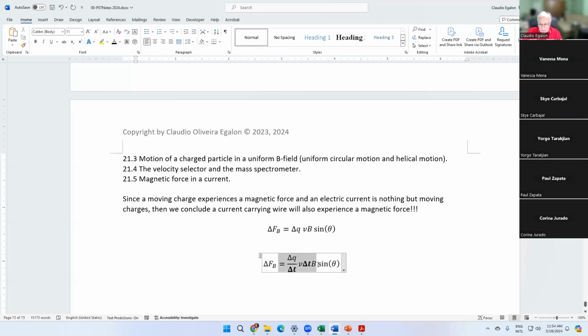This v delta t is nothing but a small delta L in the conductor, the wire. And this delta Q over delta t is nothing but the current.